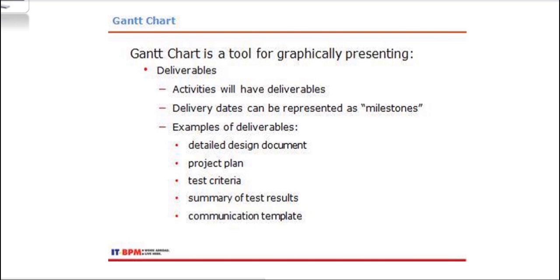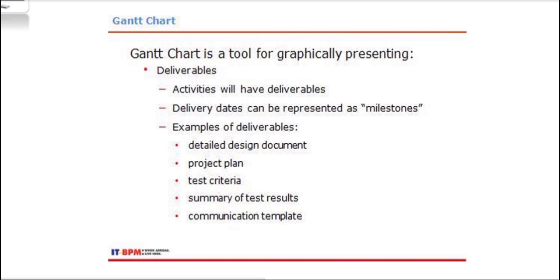Deliverables refers to the specific outputs, products, or results that a project intends to produce and deliver. Activities will have deliverables. This means that every activity in a project produces an output called a deliverable. The delivery dates in a Gantt chart are represented as milestones.